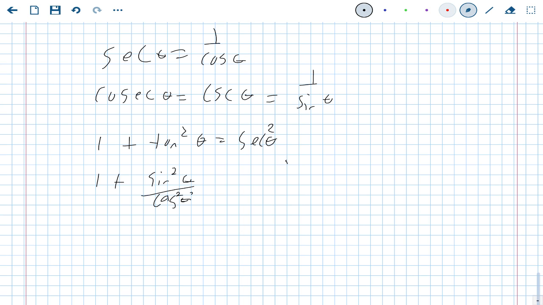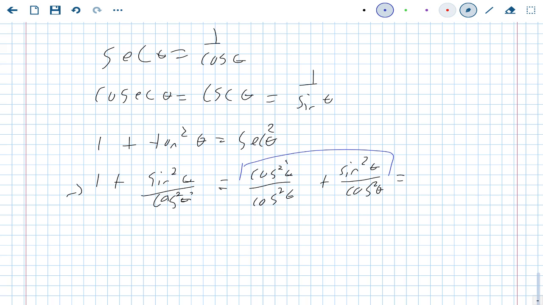Multiply the 1 by cosine squared over cosine squared, plus sine squared theta over cosine squared theta. Then you can see that this top part is the Pythagorean identity. So it's just 1, meaning that this is just 1 over cosine squared theta, which is equal to secant squared of theta. That's it.